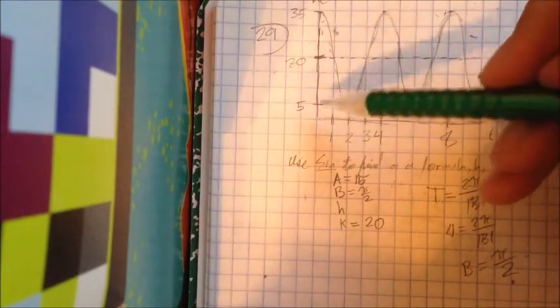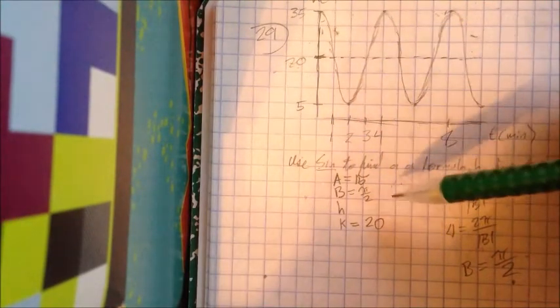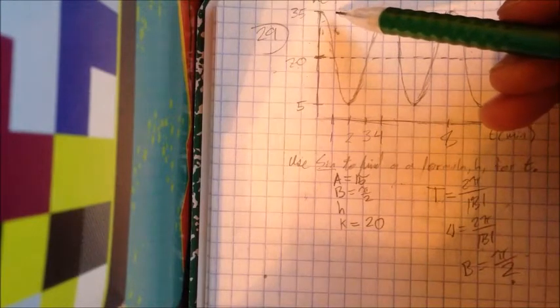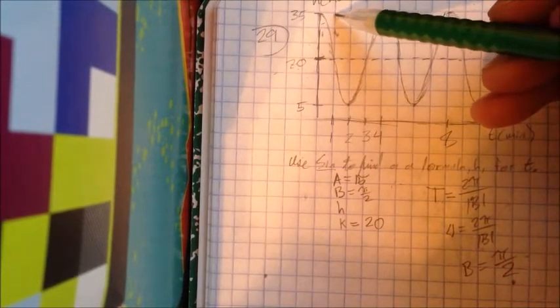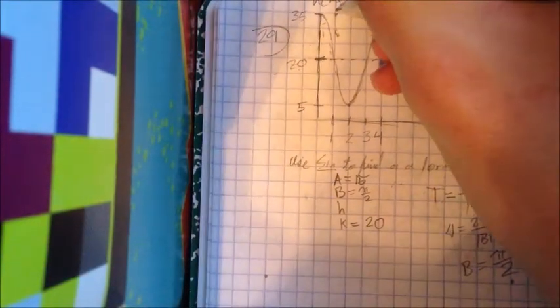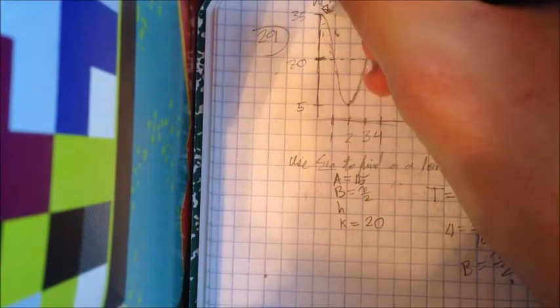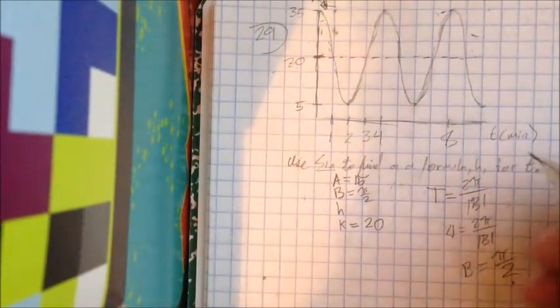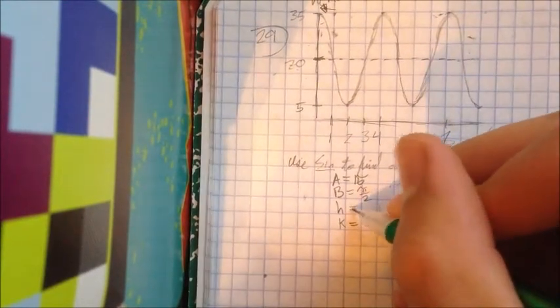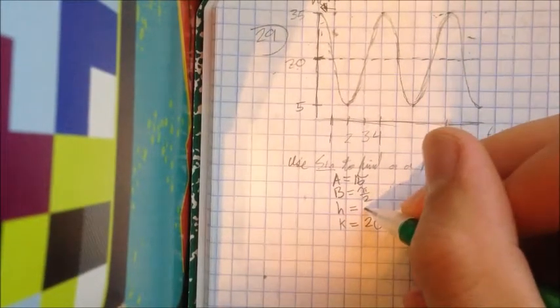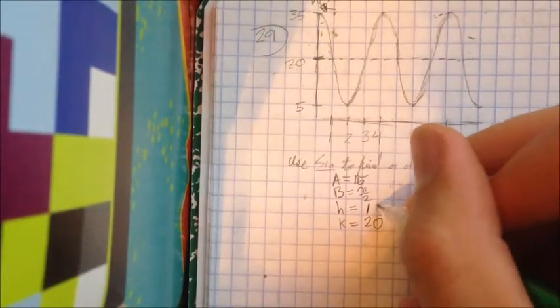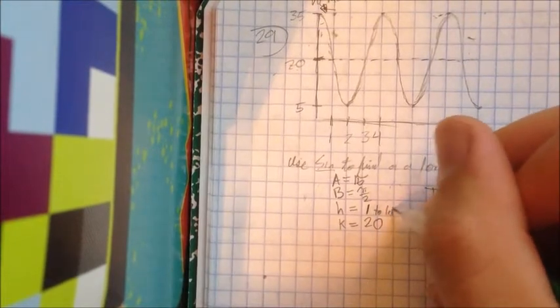So we know that it would peak right here. So we need to shift over this way to the left 1 unit. So h is equal to 1 unit to the left.